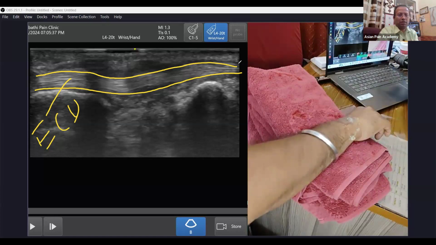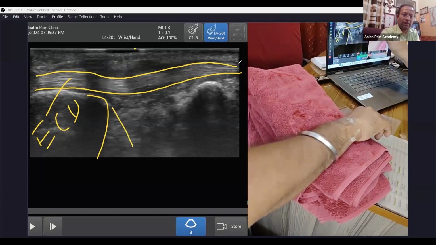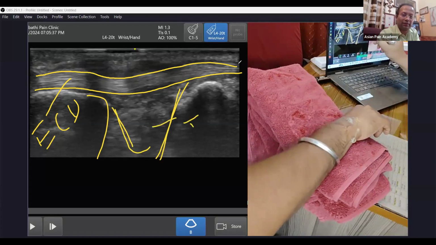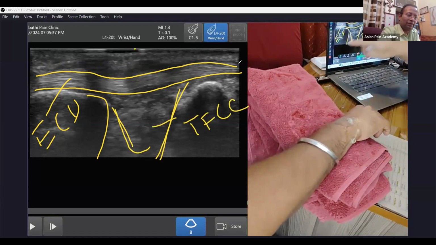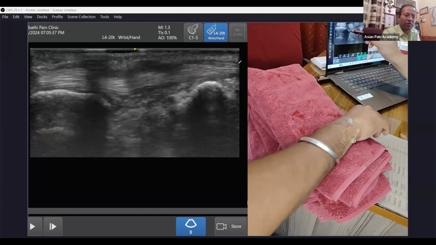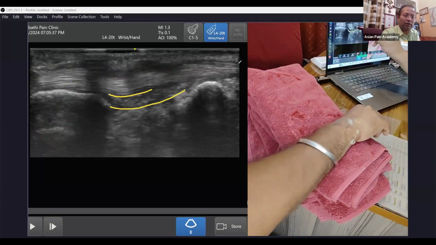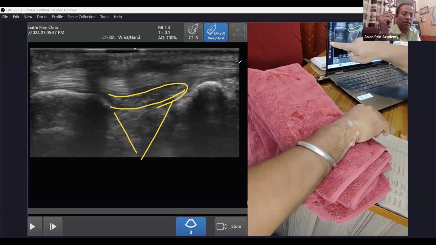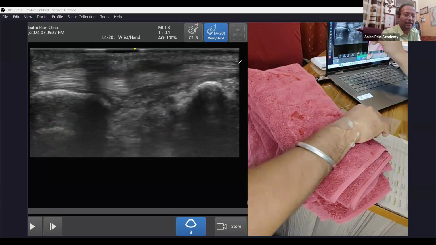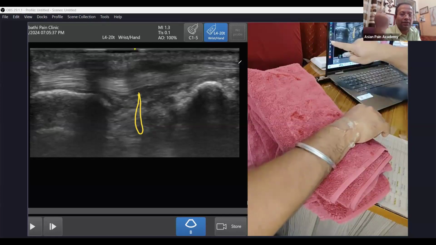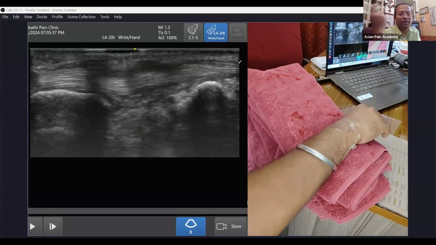And this area is filled by the TFCC complex. Our main fibrocartilage is this one, and of course this one also. When we look in these areas, if there is a tear or a fluid collection, then we will say that it is not a normal TFCC.